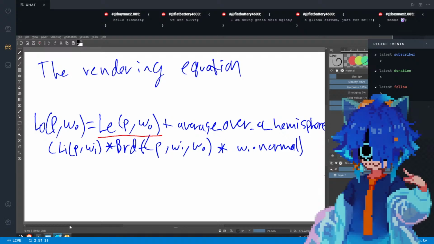So then this average over a hemisphere stuff basically says, okay, I have this surface point. I want to take the hemisphere, so the half sphere, centered at that point, and I'm going to sample the light in every single direction. So omega I is going to be every single direction inside that hemisphere, every possible direction.